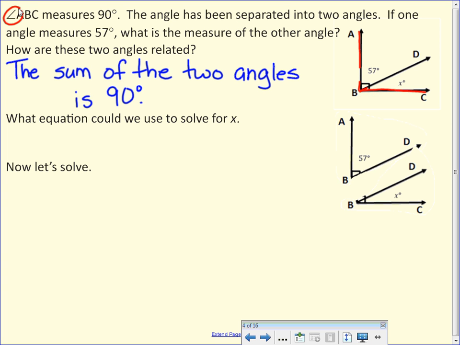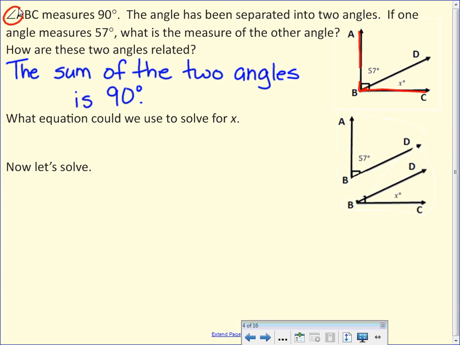So what equation? Remember, an equation has a variable. An equation has an equal sign. An expression does not have an equal sign. A lot of you made that mistake on your last quiz. So what equation could we use? What did we say we know? The two angles have a sum of 90. Sum means to do what?